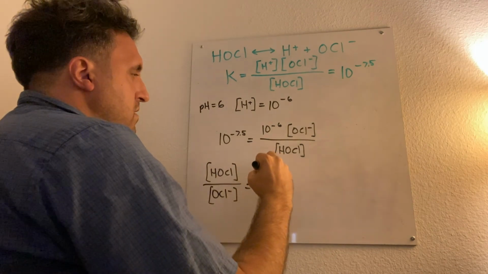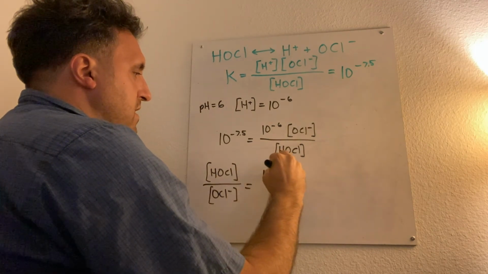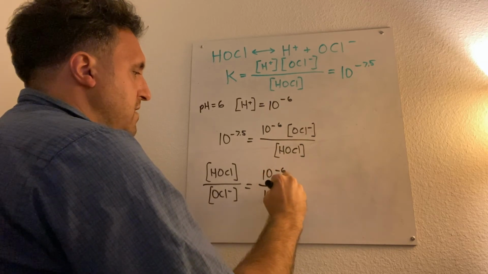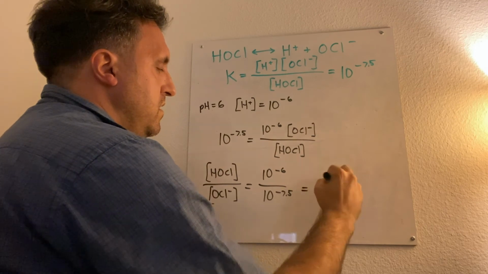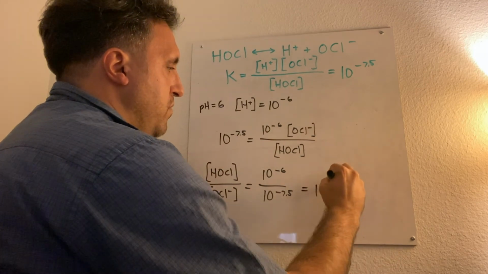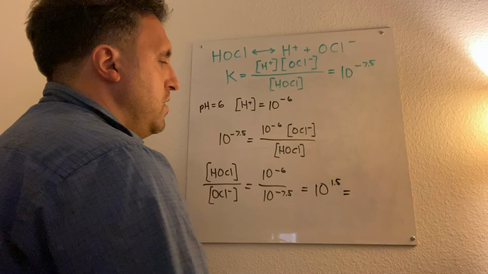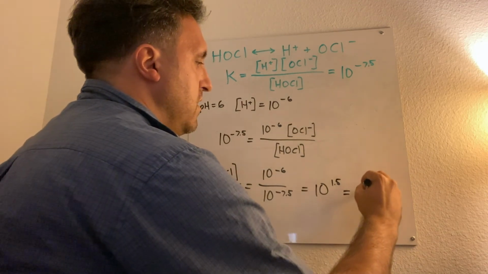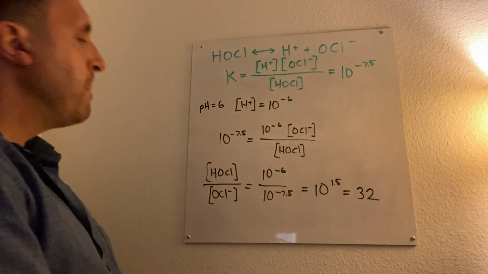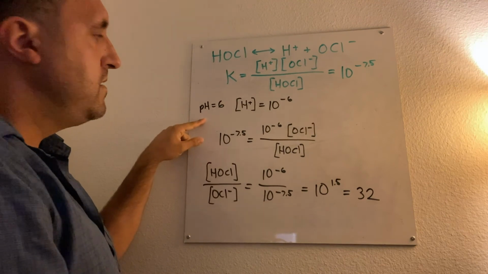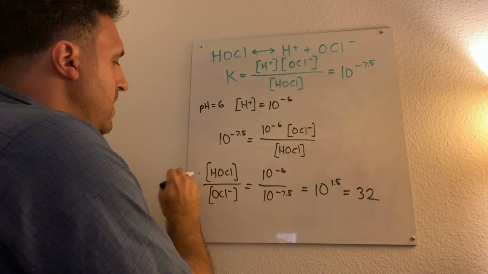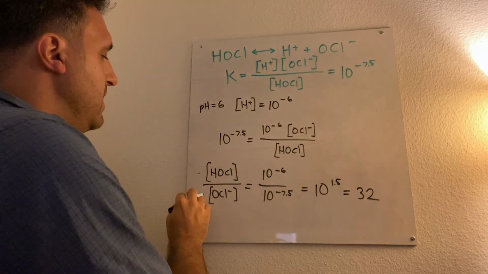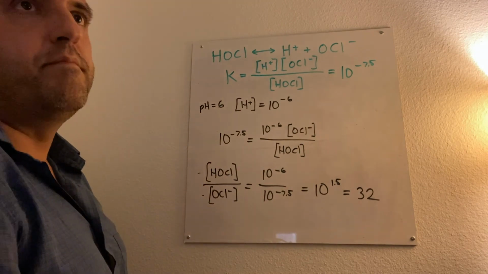And that's equal to 10 to the negative 6 over 10 to the negative 7.5, which is equivalent to 10 to the 1.5, which equals approximately 32. So at pH 6, there's approximately 32 times more hypochlorous acid than there is hypochlorite.